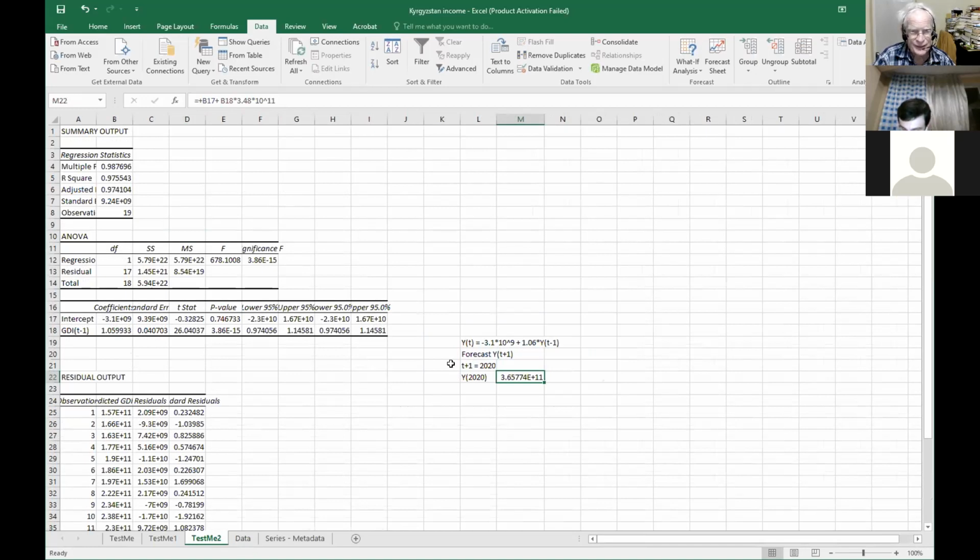Does that look correct? Okay, so let's go ahead and run the model. So the forecast that I'm getting, I think it's the same as yours, 3.65 times 10 to the power 11.